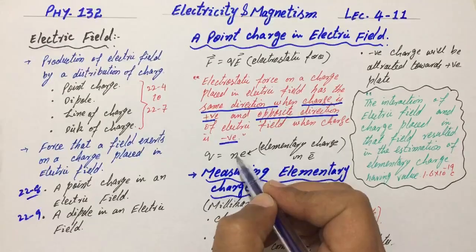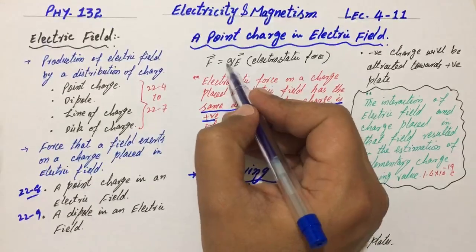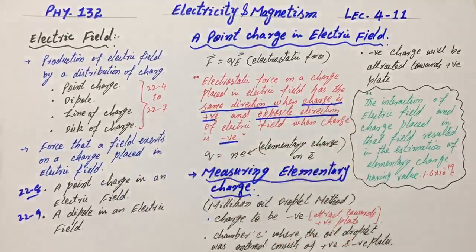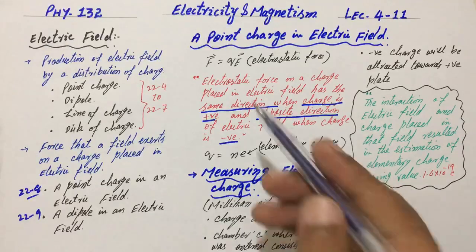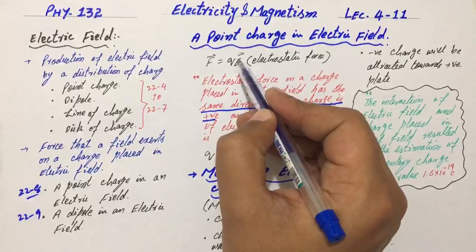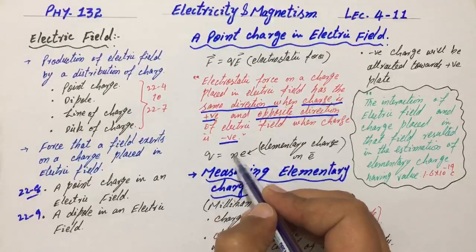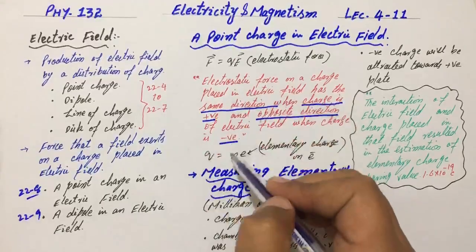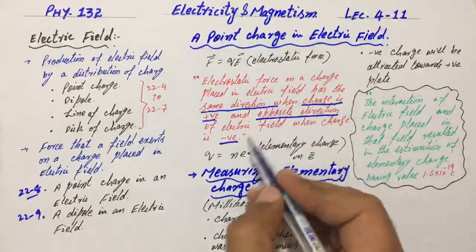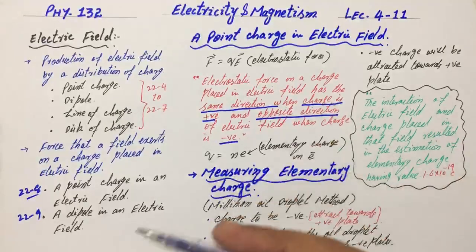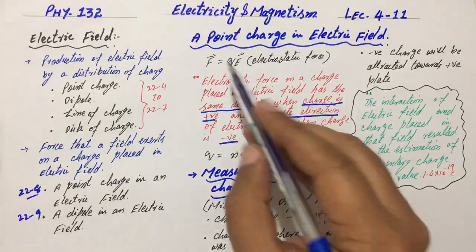If I just put the value of Q is equal to Ne in this equation, right? So we applied a battery, and a battery is having a specific voltage, and it will generate a specific electric field, and that specific electric field will generate a specific electrostatic force. So we know the electric field, we know the electrostatic force, and based on this information, Q is equal to Ne. If the number of particles is 1, then we can just put 1, or 2, 3, 4, 5, whatever the number of particles is in the material under consideration, then all the values are known to us.